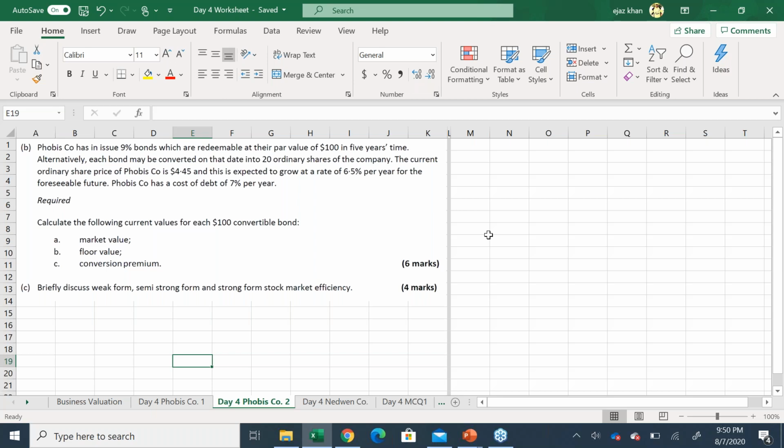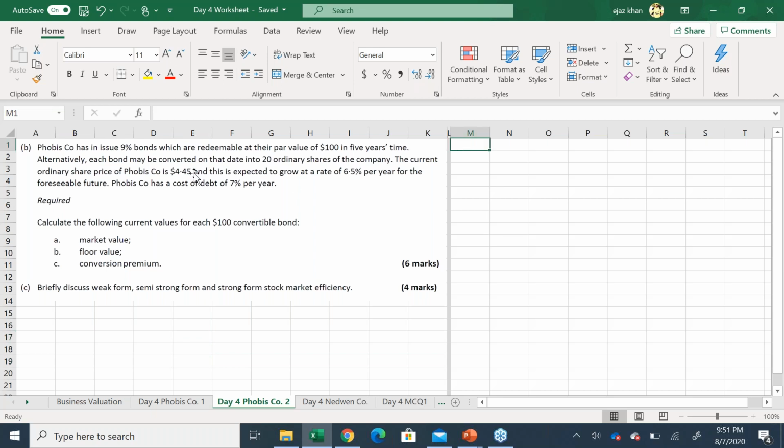So whatever you get against the redemption, take the present value of that and add the present value of interest payments. That's the value of that bond. The present value of whatever you get is the market value of that debt. So if you keep this in your mind, you will always be able to find out the market value of any debt. So let's do it here.